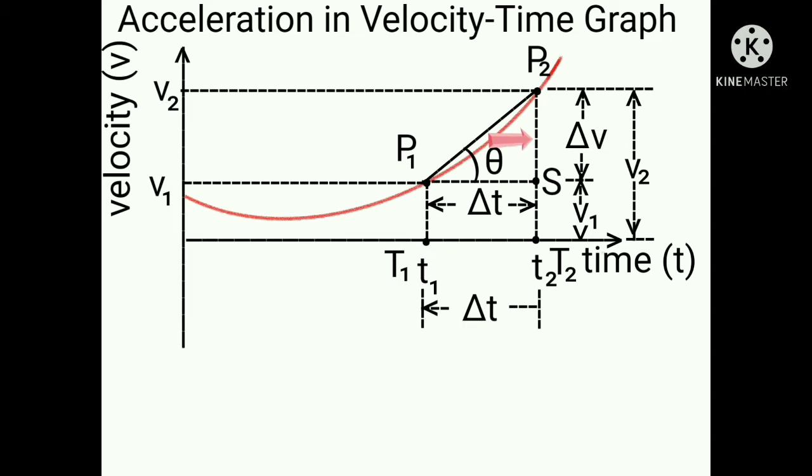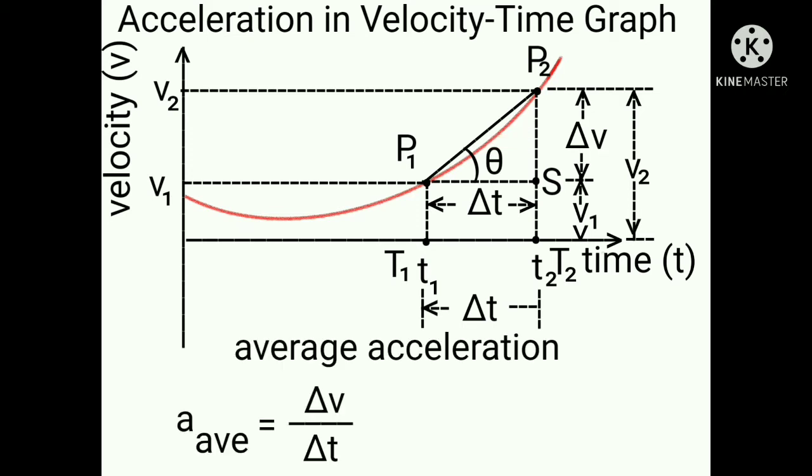The average acceleration is the ratio of the change in the velocity to the interval over which the change in the velocity takes place, and is equal to delta V upon delta T, is equal to SP2 upon P1S according to the figure, is equal to the tangent of the angle theta.